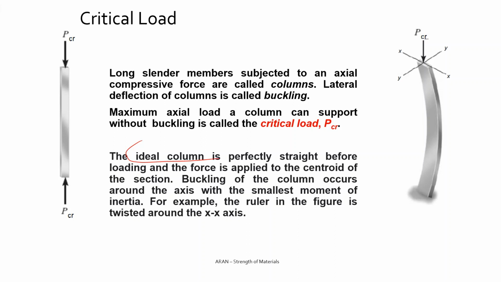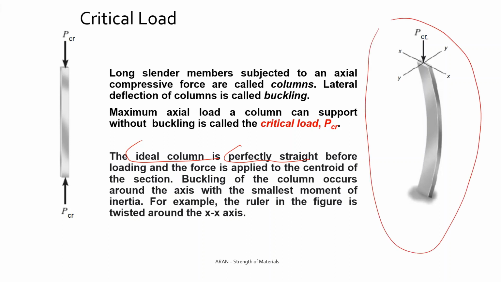An ideal column is, at the beginning, before the force is applied, perfectly straight. And buckling will occur, and as you see in this figure, there are two possibilities for buckling: a buckling around X, which is shown in the figure, and also a buckling around Y may be possible.